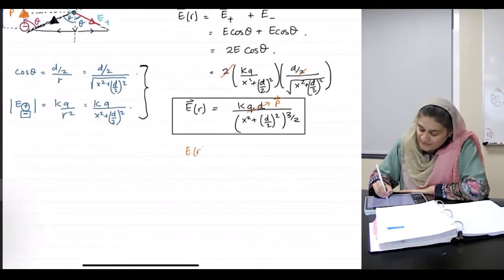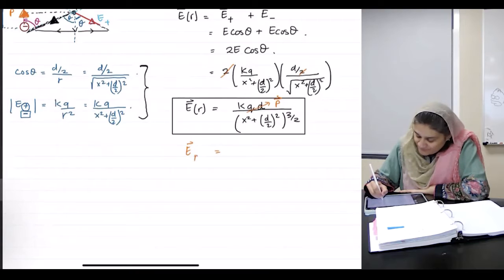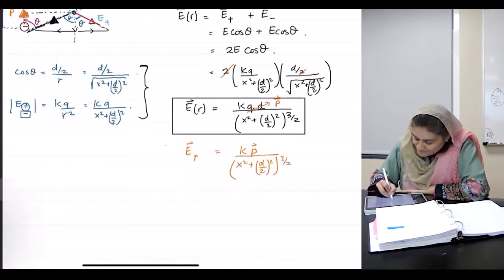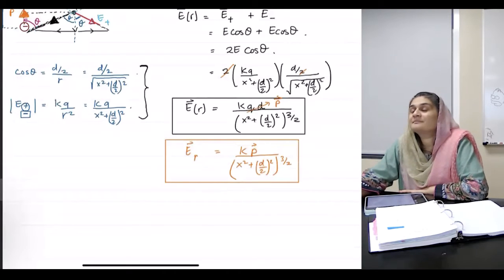E at point P will be Kp over x squared plus d over 2 squared to the power 3/2. Now that is a scary looking equation.